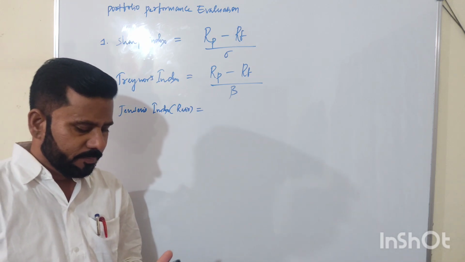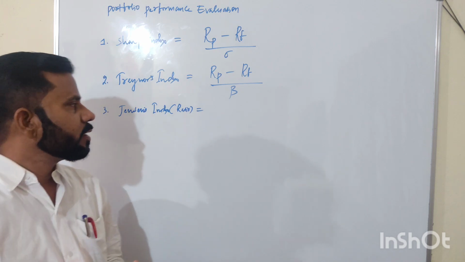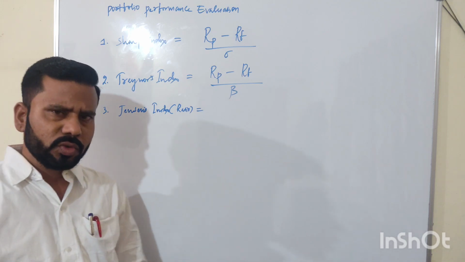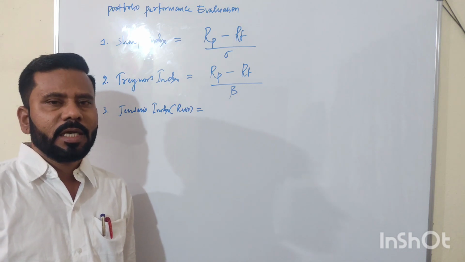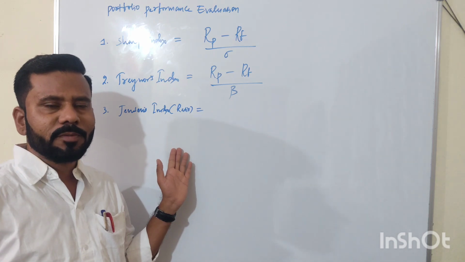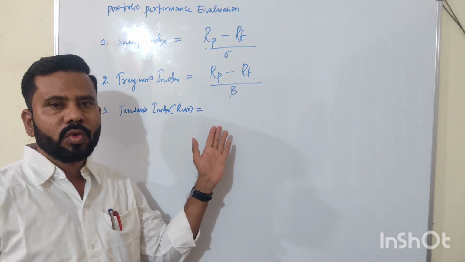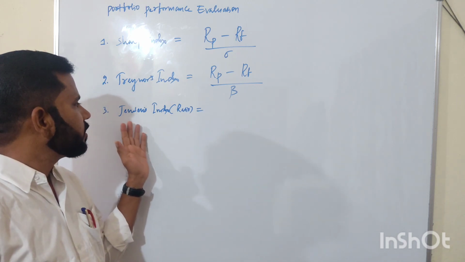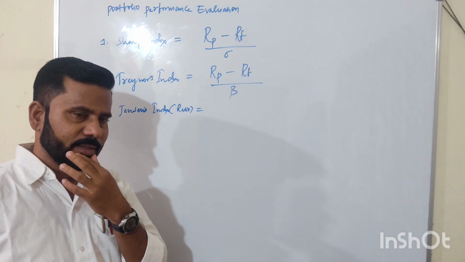If you recall, you may ask me, sir, already we solved and practiced so many problems, yet we are unable to remember the Jensen's index or Jensen's ratio. Could you please tell me, sir?